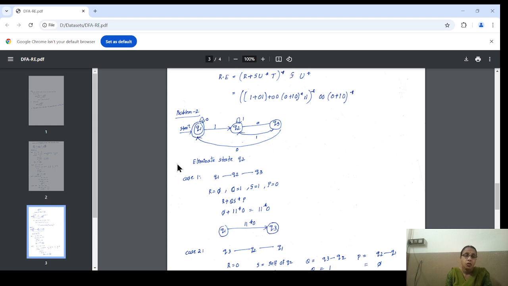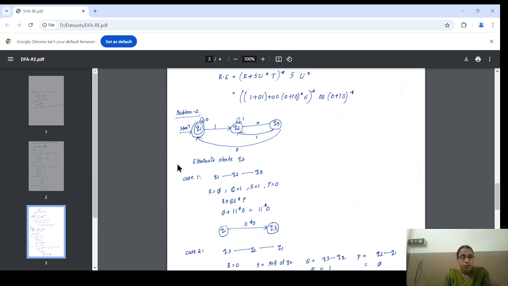So for Q1 to Q3, we are taking Q2 directly. So Q1 to Q2, Q2 to Q3. So R equal to 5, Q equal to 1, S equal to 1, P equal to 0. P means Q2 to Q3, S means Q2 self-loop, and Q equal to 1 means Q1 to Q2.